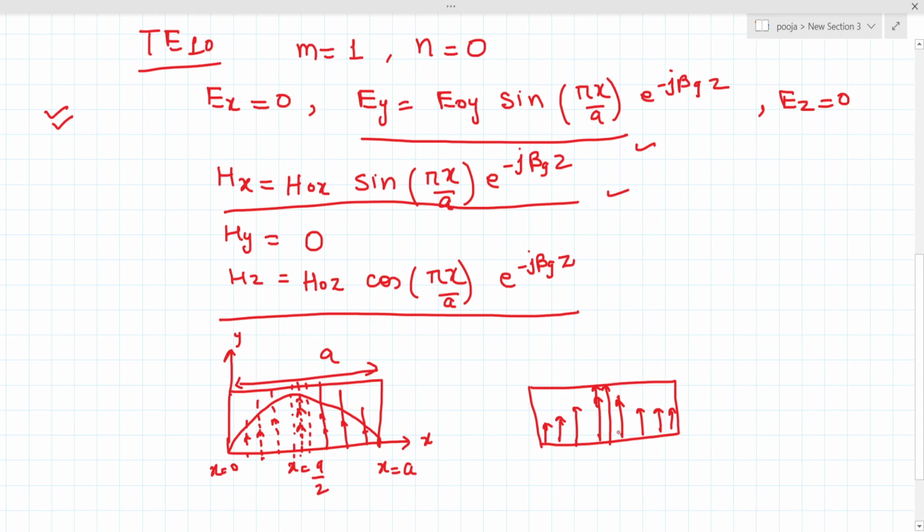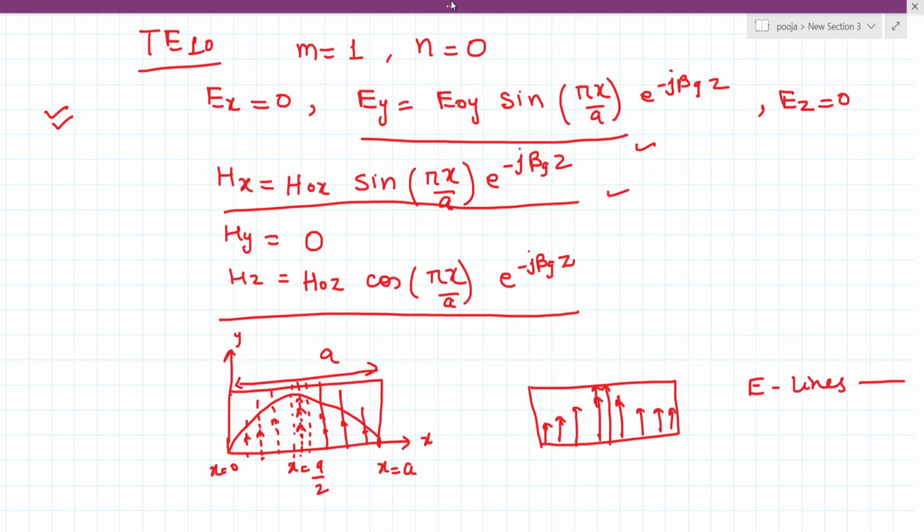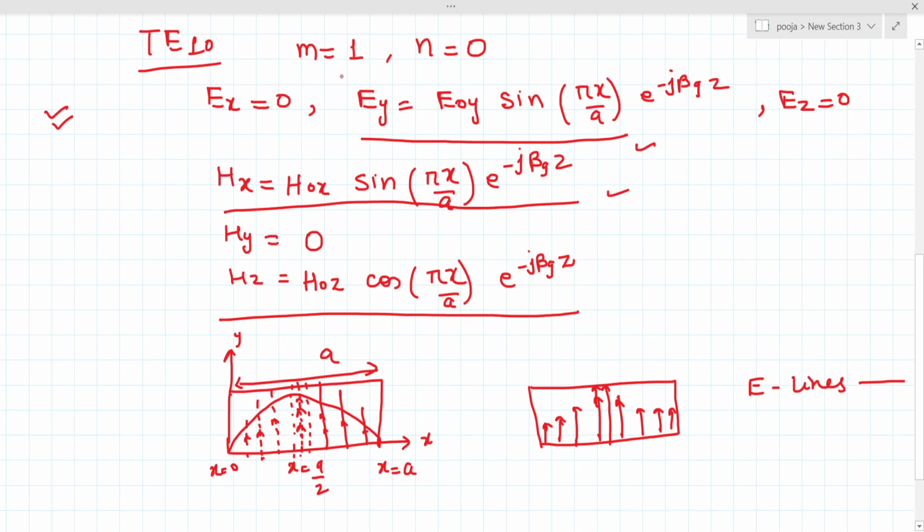These solid lines represent the electric field lines, and the magnetic field will have x and z components. I am showing only the front view here. The magnetic field lines will form closed paths around the electric field lines, so they will be shown like this.